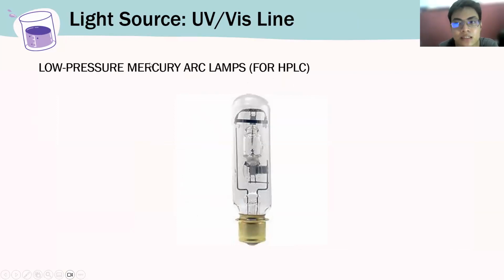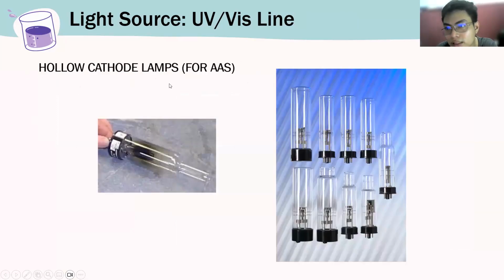I never saw this because mercury is already banned. This is the hollow cathode lamp, the light source for atomic absorption spectroscopy. There are certain elements in them: for example, a hollow cathode lamp for silver, one for cobalt, and one for iron. Inside is the metal atom that you want to analyze. I've seen this at La Salle. It's cute.